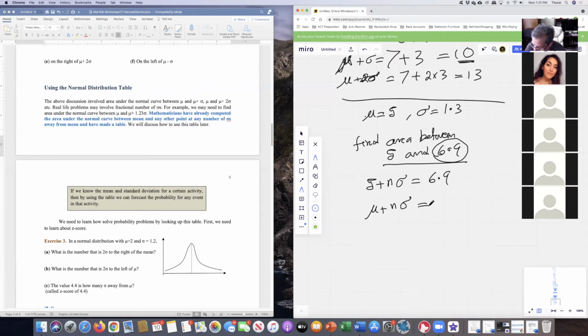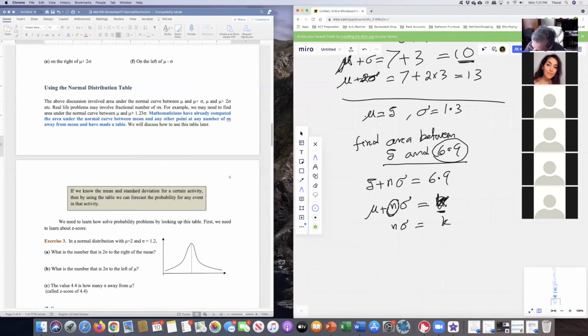The given number is, let's say, k, whatever the given number is. Then what I need to figure out is n. How many sigmas from mu do I have to go to get to the k? So I'm going to mathematically solve this equation for n. You subtract the mu from both sides, so n sigma equal to k minus mu.